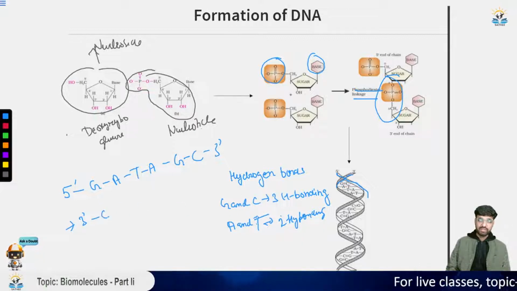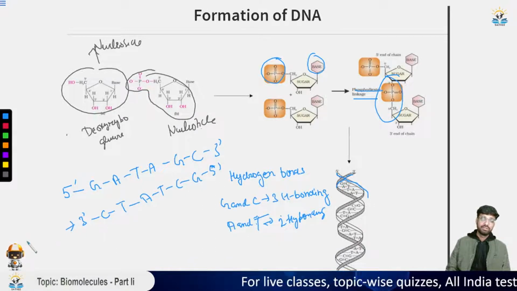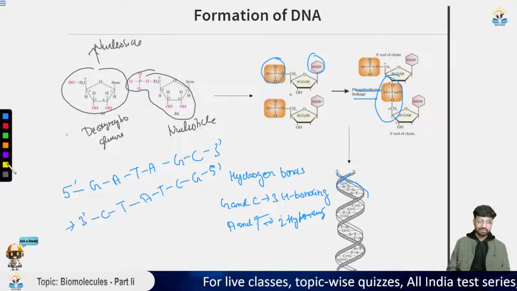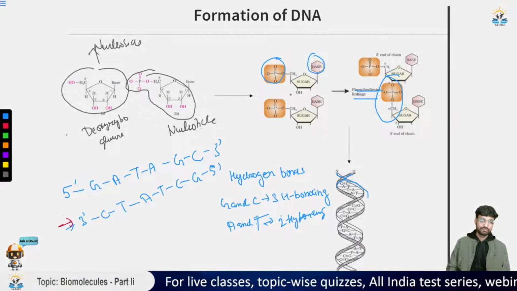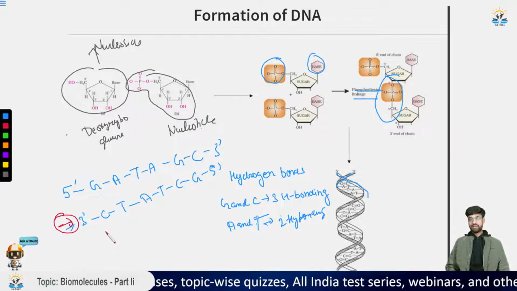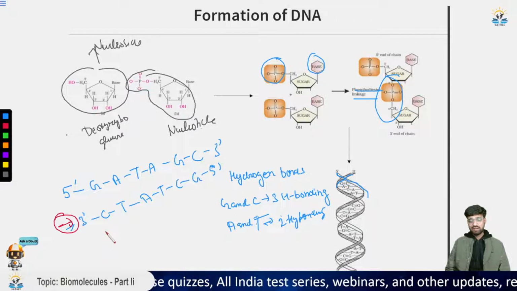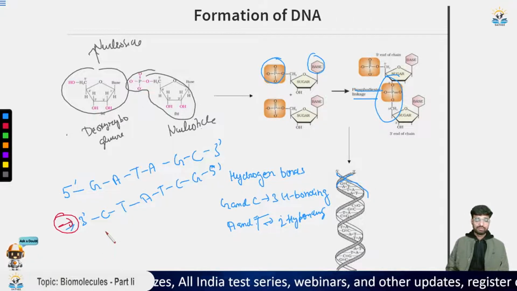G will be replaced by C and A will be replaced by T, giving 3 dash CTATGC 5 dash. So this is the complementary strand of this one. In this way you can write the complementary strand. Now we will see what these bases are and what the sugar group is.